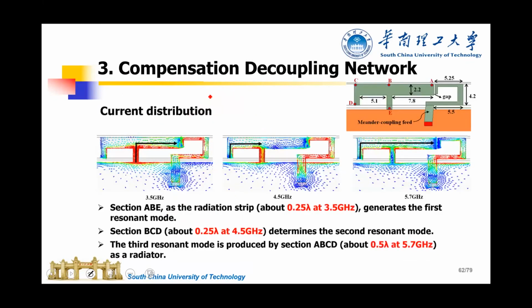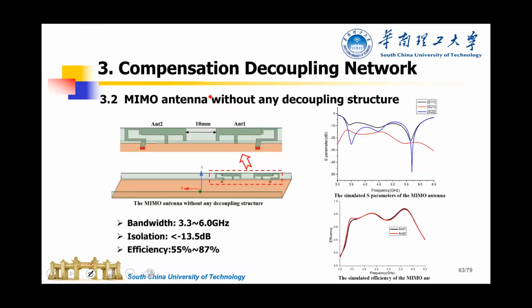Now, first, we put this kind of antenna in this style. The distance between the antennas is just 10 millimeters. You can find this is the 2-element MIMO, and we find the performance here.